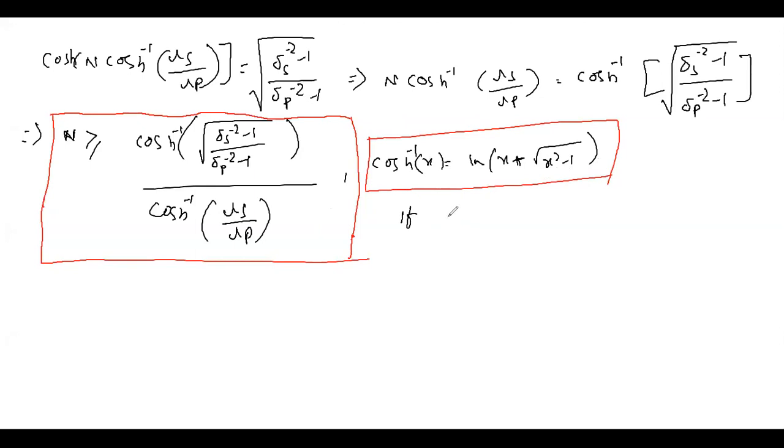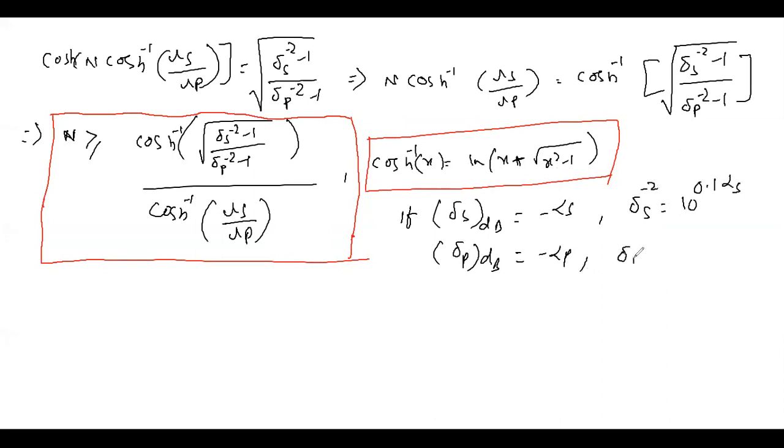Now, if del s dB equals minus alpha s and del p dB equals minus alpha p, then again we do the same thing. Then what is del s? Del s minus 2 is 10 to power 0.1 alpha s, similarly del p minus 2 is 10 to power 0.1 alpha p.